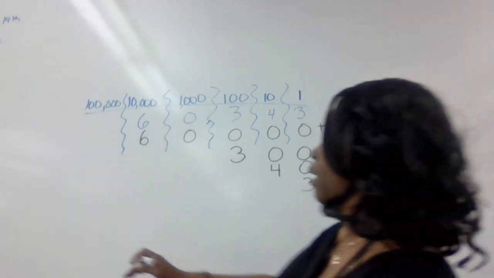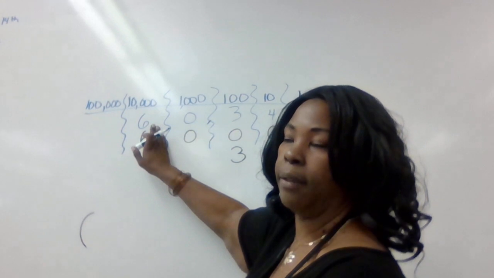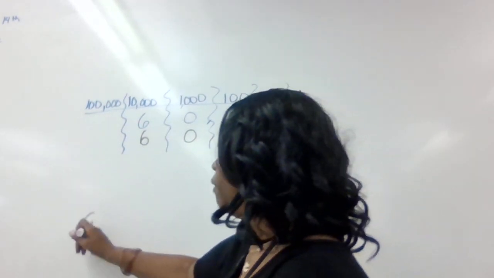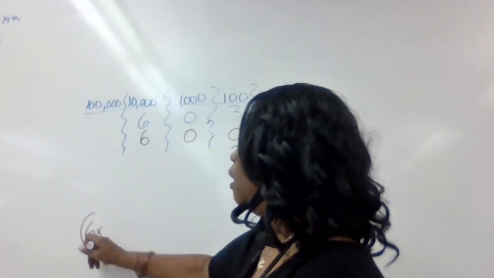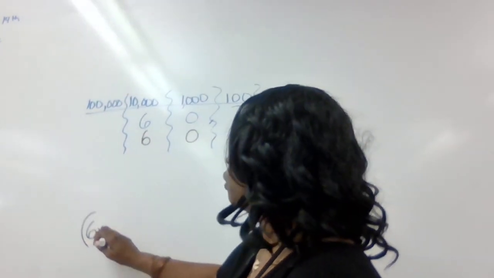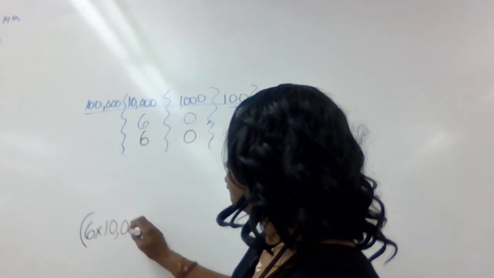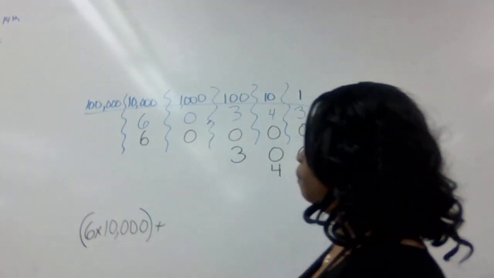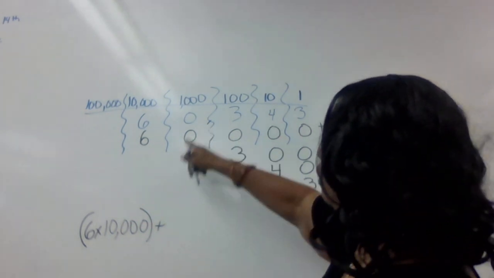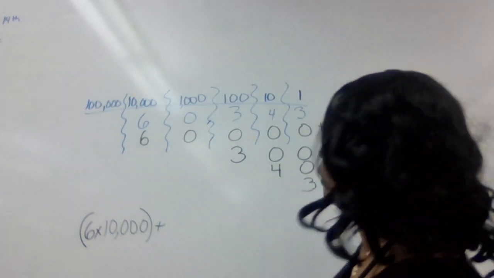This is the other way, using our multiplication. So starting in the highest place value, we have our 6 times, what place is our 6 in? It's in the 10,000 spot. So 6 times 10,000 plus, next we have 0. We're going to skip that on the place value chart because we don't need that.